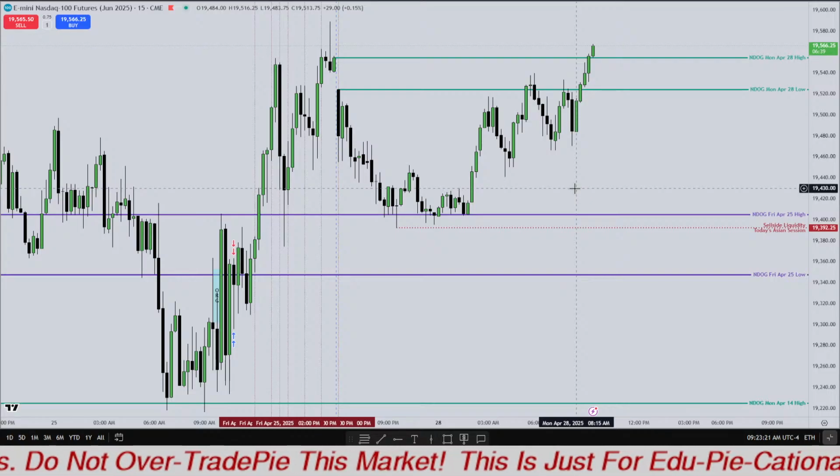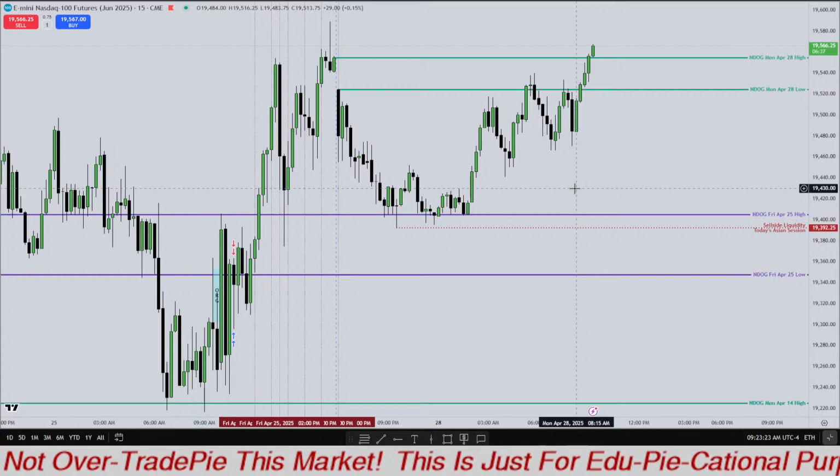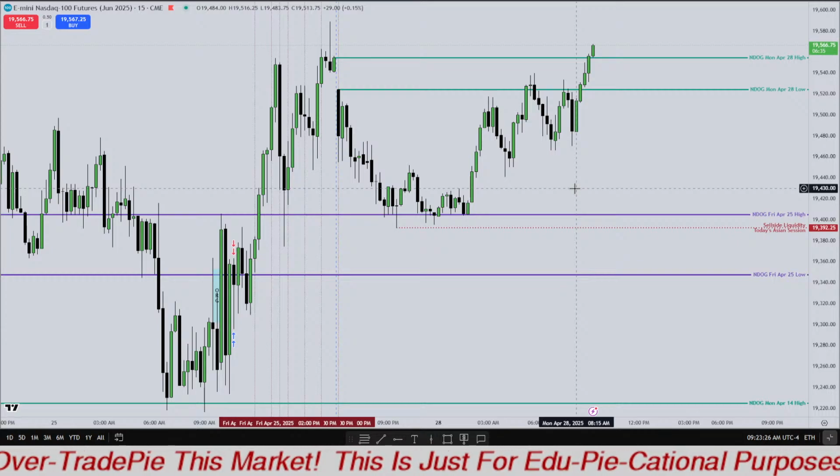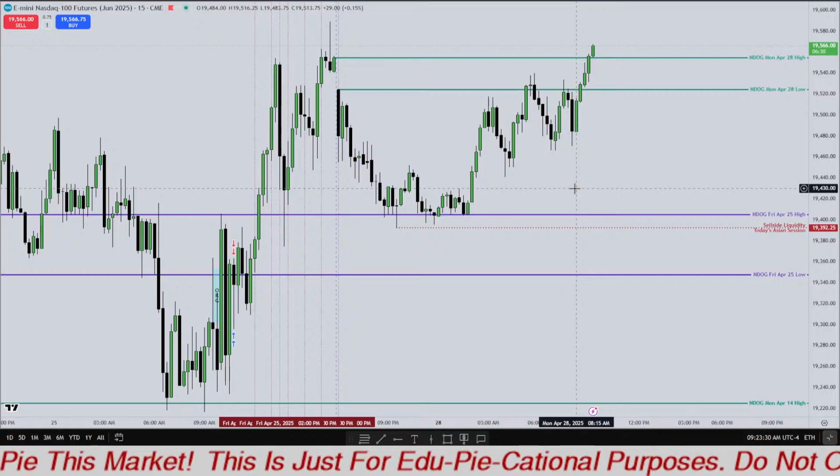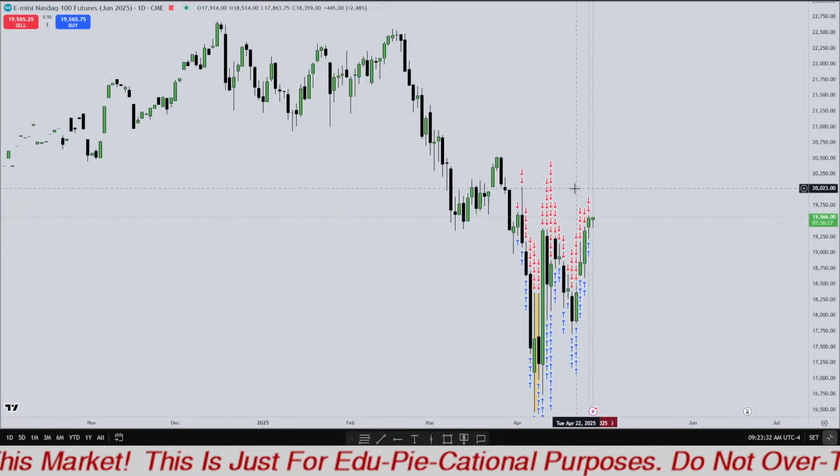As you can see here, I have a Nasdaq chart and we have around 7 minutes to the opening bell. So let's have a quick overview from the daily chart.